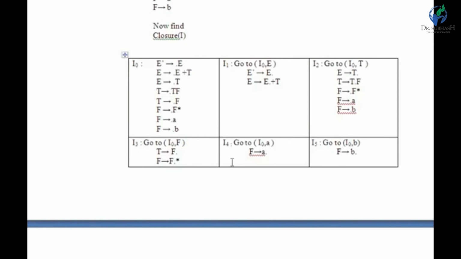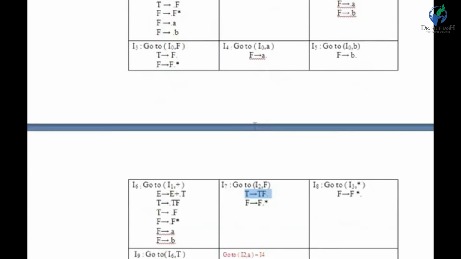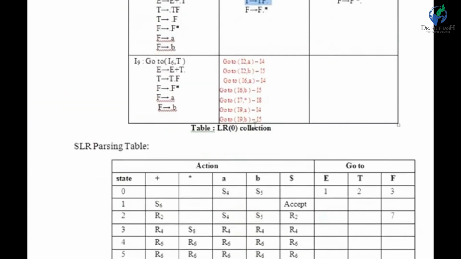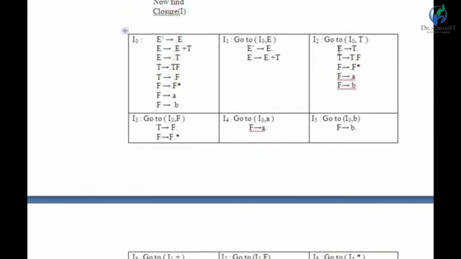Here, E gives T dot. This is a complete entry. So there is a complete production in the second state, so put that in the second row.